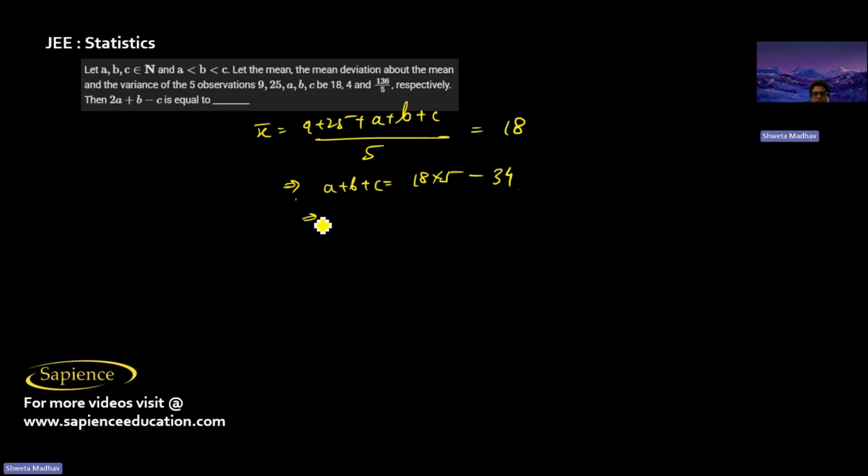So A plus B plus C is equal to 90 minus 34, that is 56.